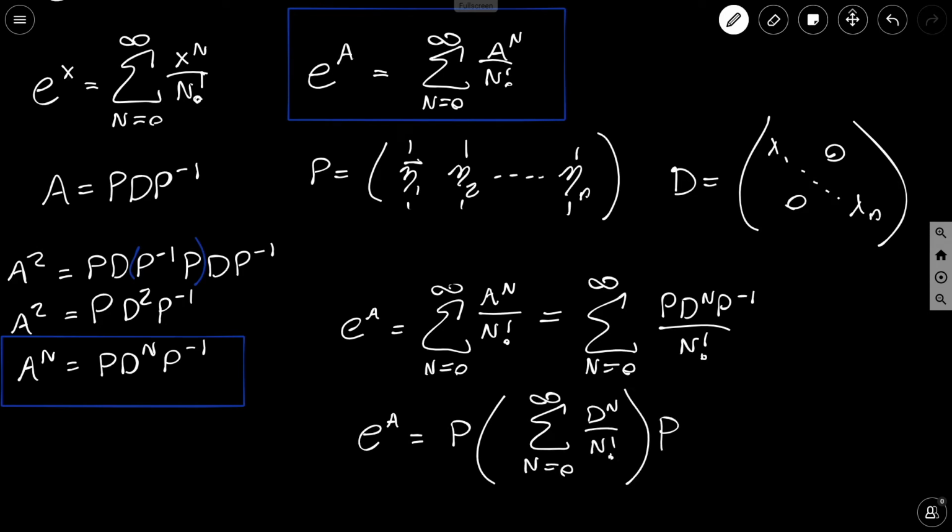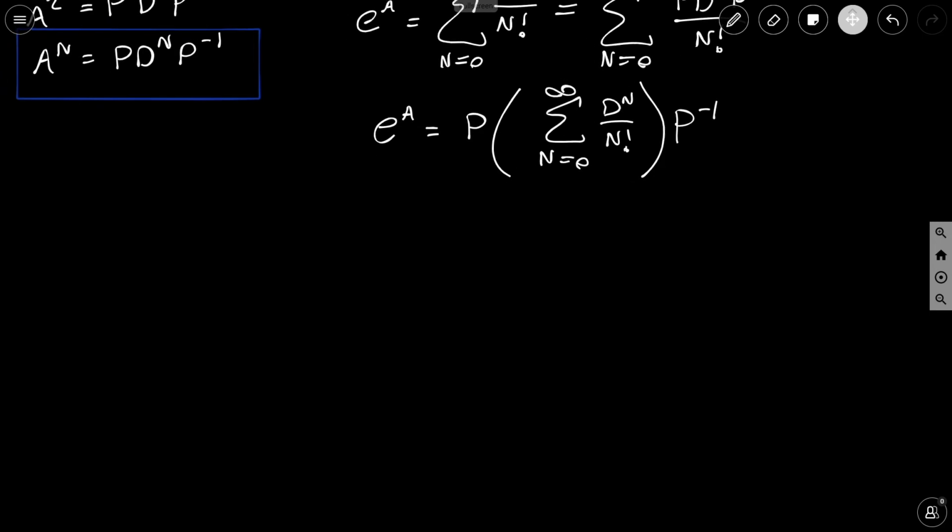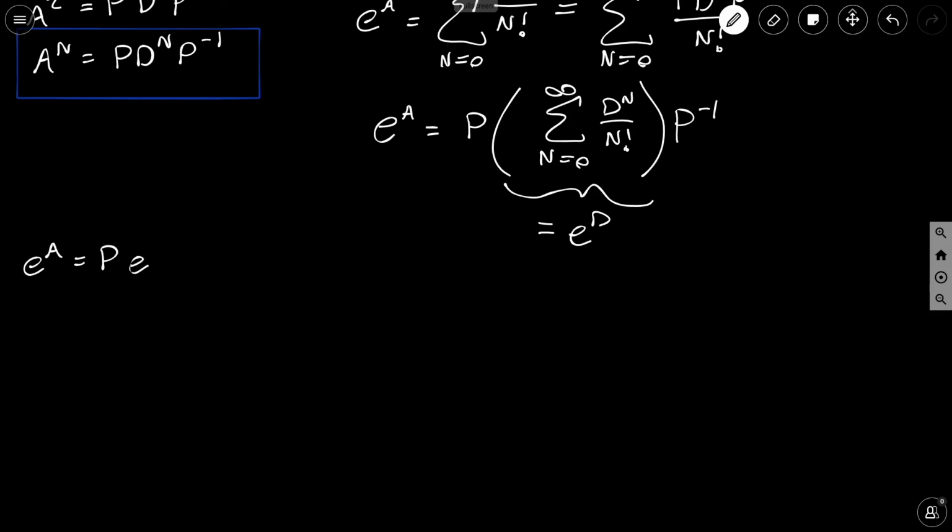And so we get something that looks like this. And you might notice that this is exactly equivalent by the Taylor series to e to the D. So we have e to the A is equal to P e to the D P inverse.